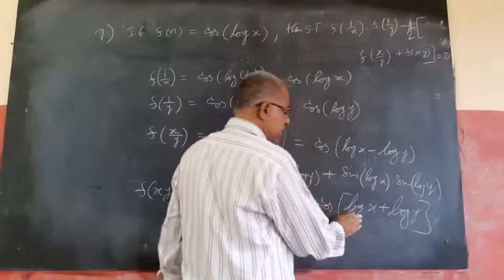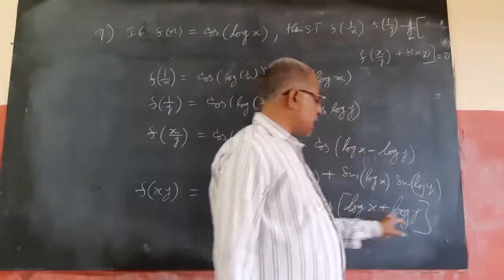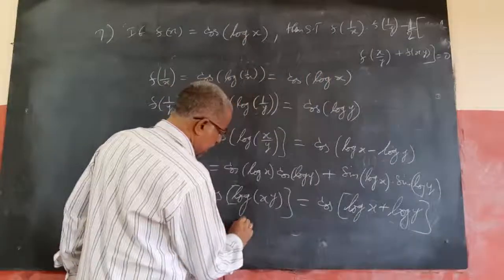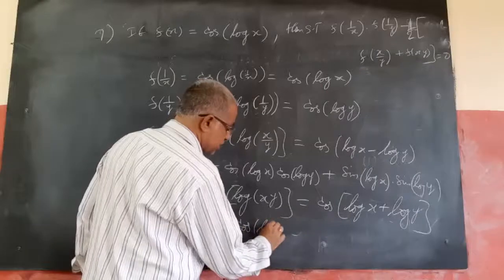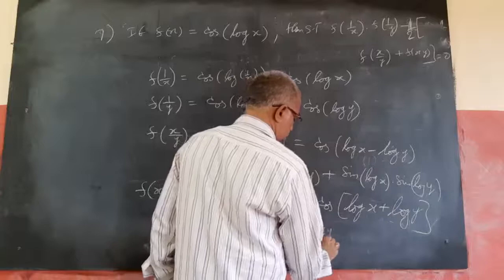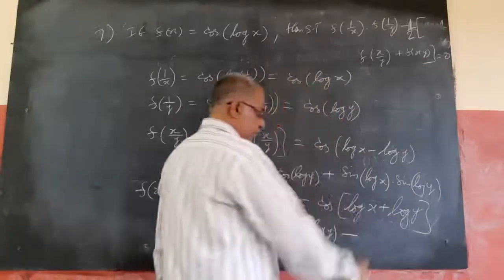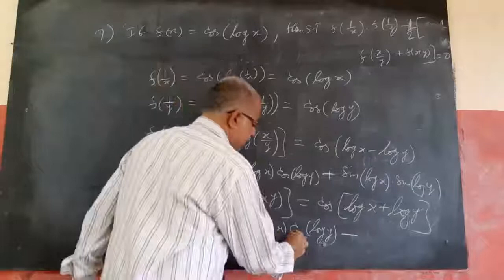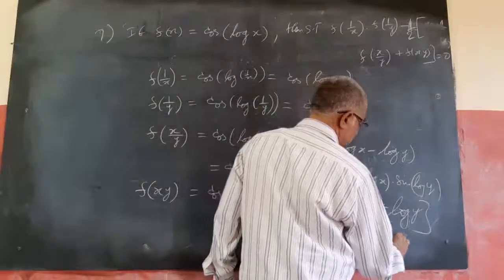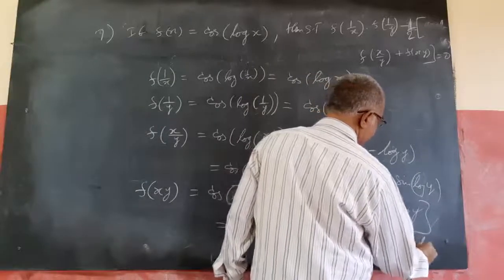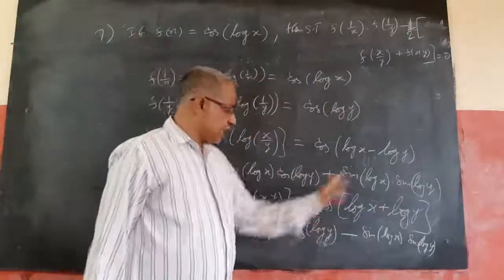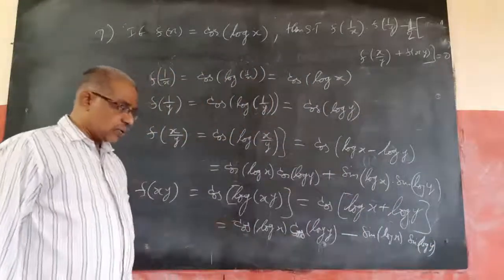This is cos(a+b), which is cos a cos b minus sin a sin b: cos(log x)·cos(log y) minus sin(log x)·sin(log y). Now if I add these two, the sine terms cancel, and it becomes 2 cos(log x)·cos(log y).